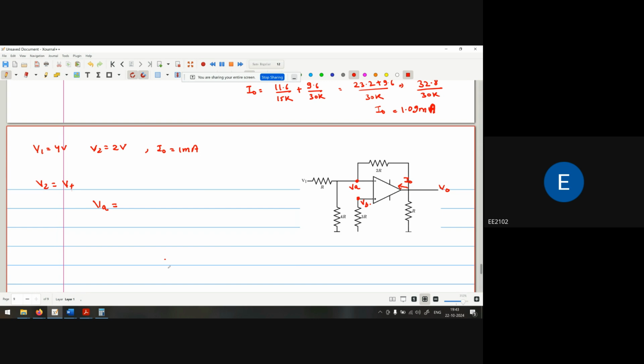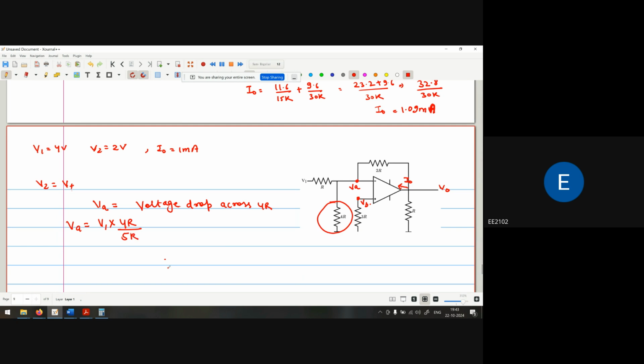So what is the voltage VA? The voltage of VA is nothing but the voltage drop across the 4R resistor. This 4R. So VA is equal to V1 into 4R upon total resistance, which is 5R.